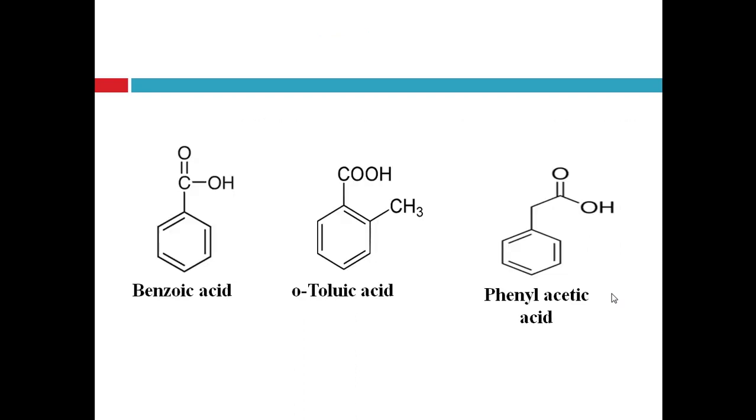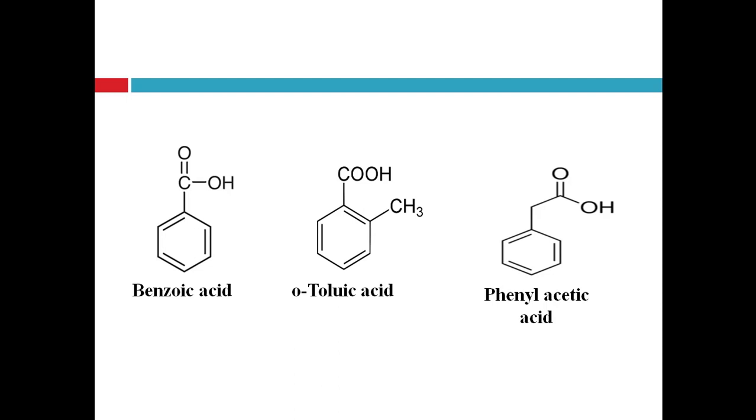These are the examples. See benzoic acid. See the structure. Benzene ring having the COOH group, that is the carboxylic acid group, which is directly attached to the ring carbon, that is known as benzoic acid. Another one is a derivative of benzoic acid, that is orthotoluic acid.